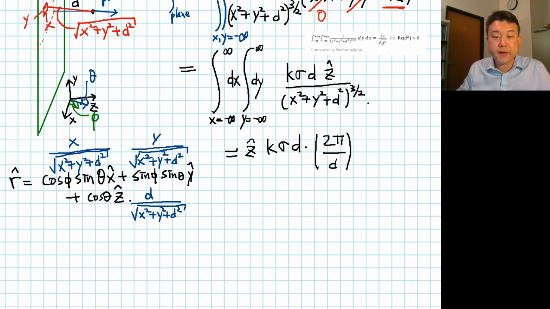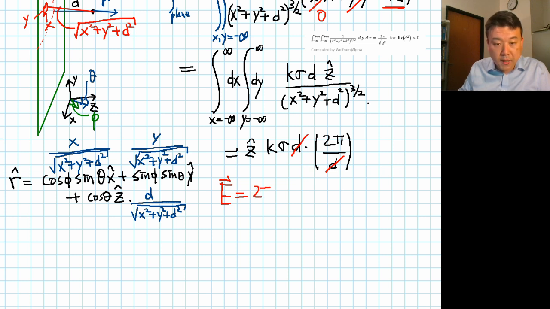That's the answer. Oh, look at how it simplifies. Looks like d actually cancels out. So I get an expression for electric field that does not depend on distance. So let me write down the full expression. The full expression is the electric field as a vector is equal to, I have k sigma and 2 pi.